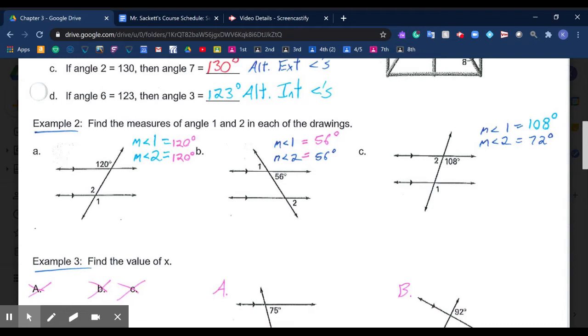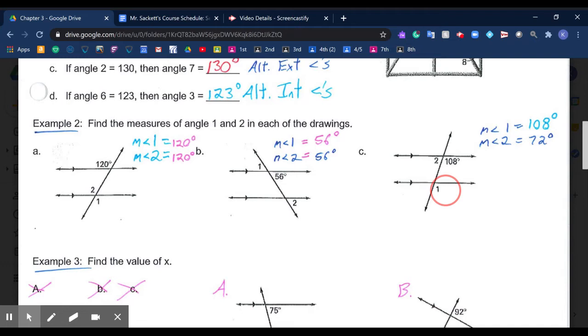And then in part C, we have 108 degrees right here. 108 degrees corresponds with angle 1. They're both in the bottom right along this transversal, so they are both 108 degrees.